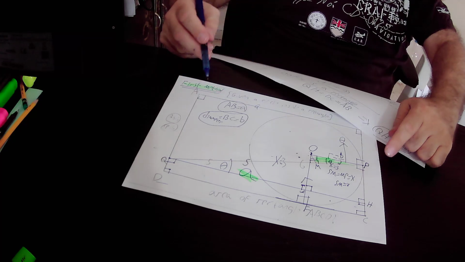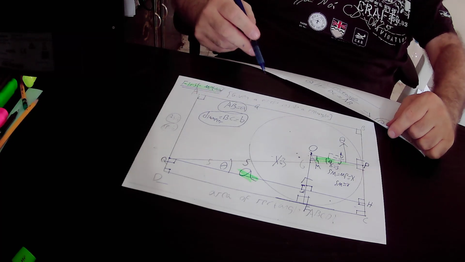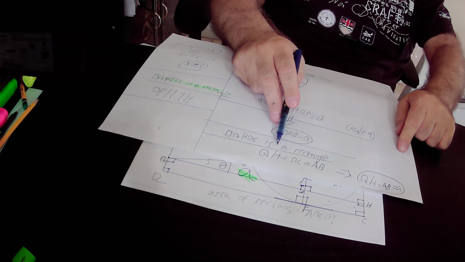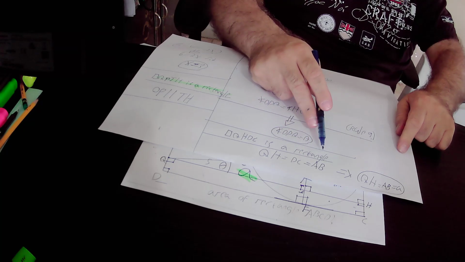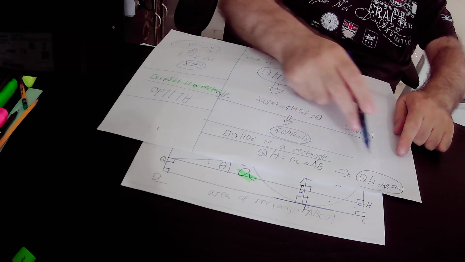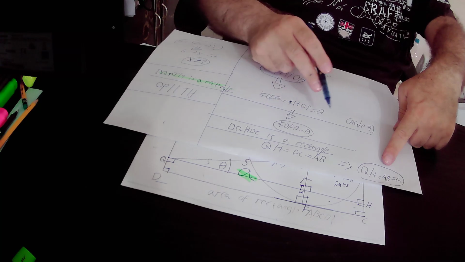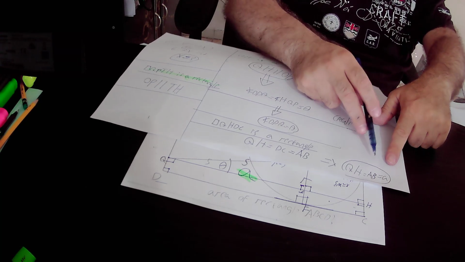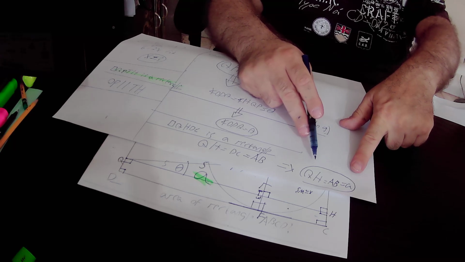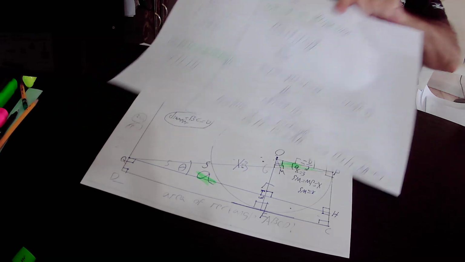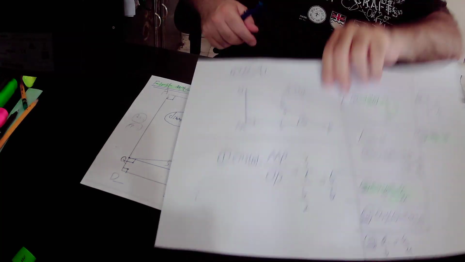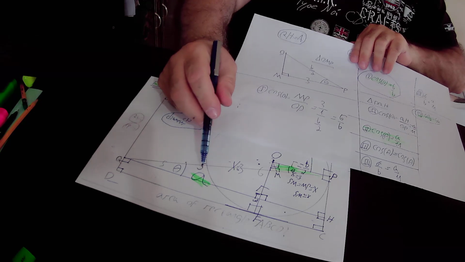But DC is equal to AB because ABCD is a rectangle. From this equation QH equals DC equals AB, we derive that QH is equal to AB, but according to our definition, AB equals A. So QH is also equal to A. Here, QH equals A.